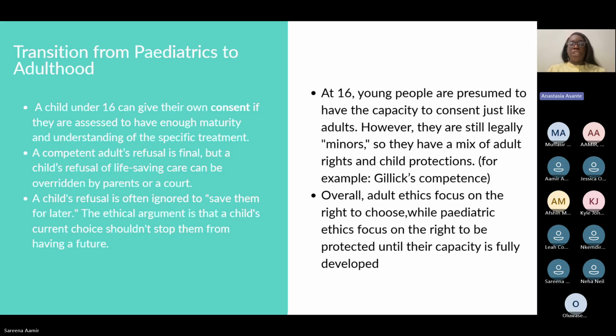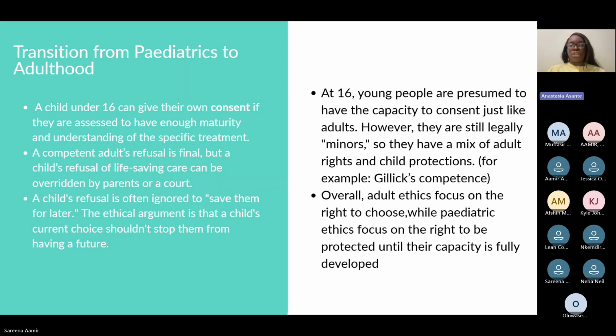With a child, refusal is often ignored to save them for later. The ethical argument is that a child's current choice shouldn't stop them from having a future. At 16, young people are presumed to have the capacity to consent, just like adults. However, they're still minors, so they have a mix of adult rights and child protections, known as Gillick competence.